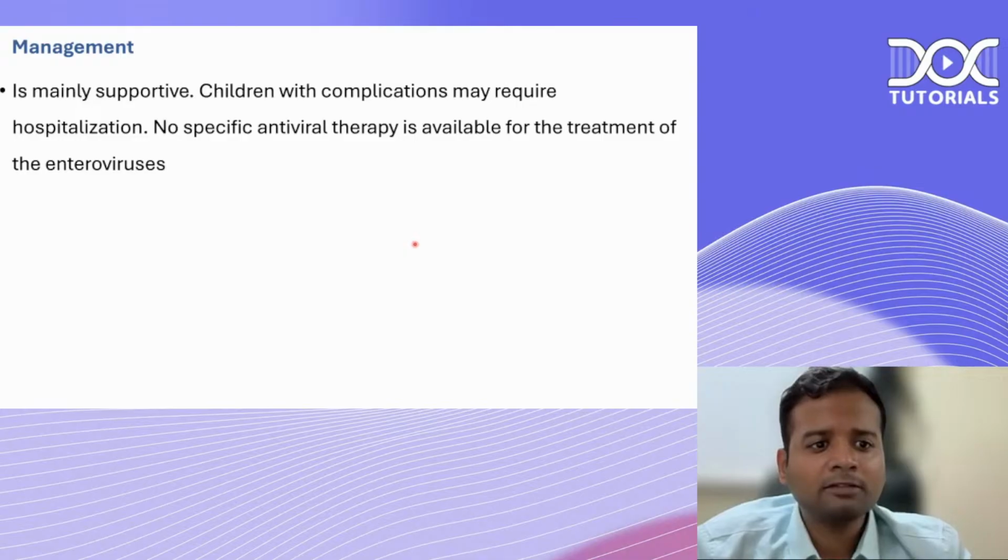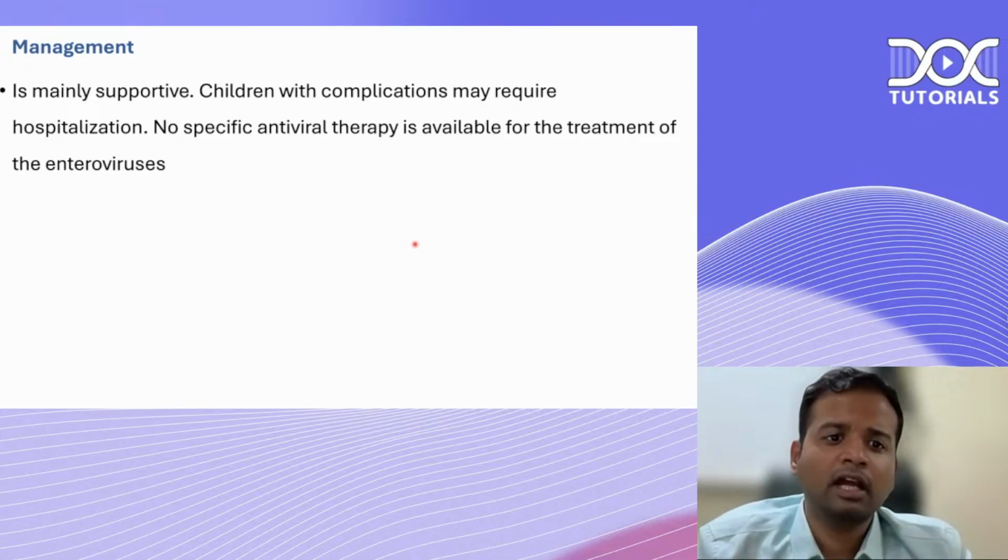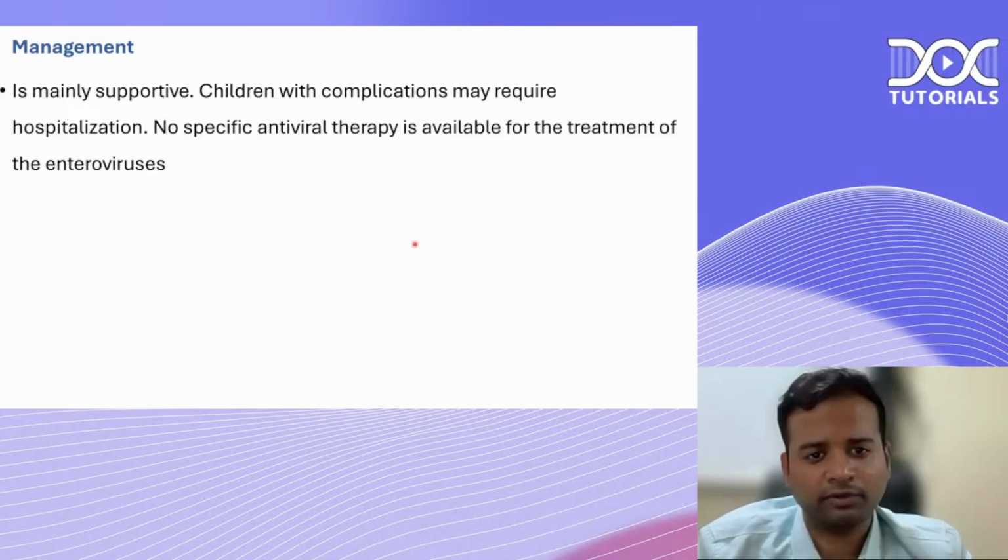Management is mainly supportive. Children with complications, like atypical HFMD, may require hospitalization. Complications include aseptic meningitis, pleuritis, pulmonary edema or encephalitis. There is no specific antiviral therapy available for the treatment of enterovirus.